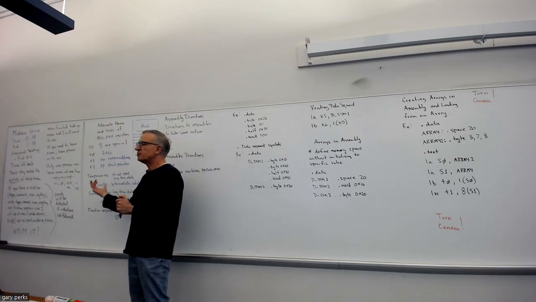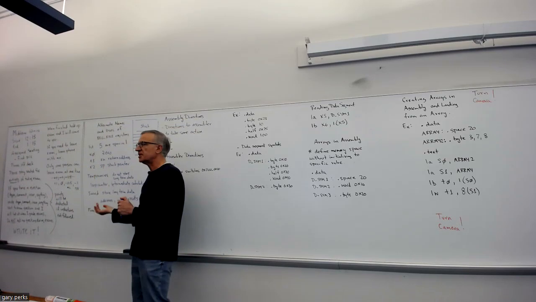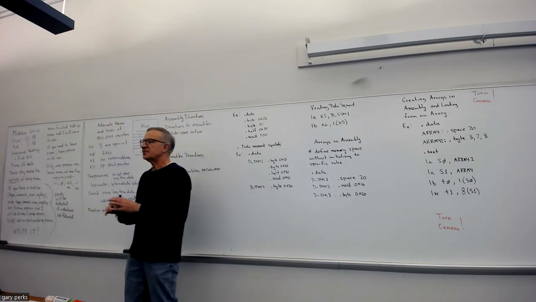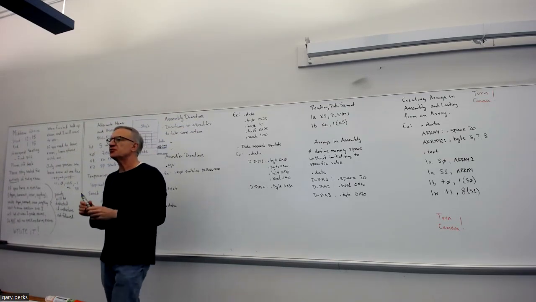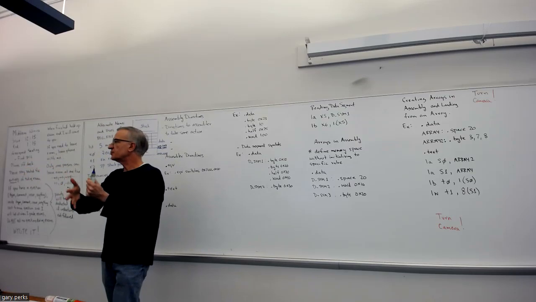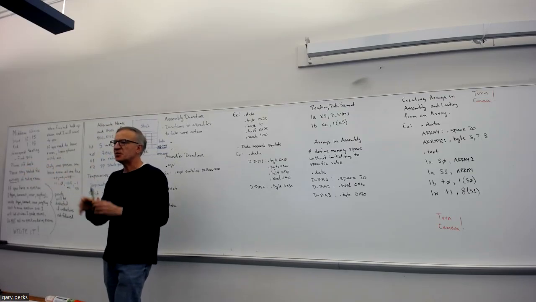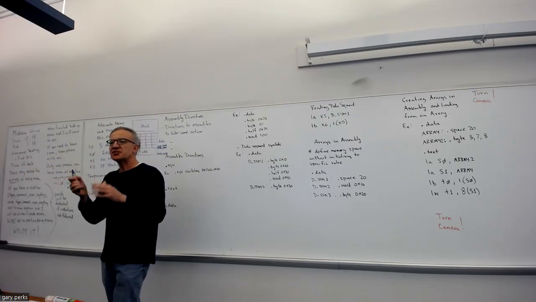So really the whole purpose of having these alternative names for the registers is to give some standard to what registers are used for what. And that makes it easier to make programs more portable, right? Because if people are using the same registers to do the same types of things, it makes it easier when you transport the programs around.